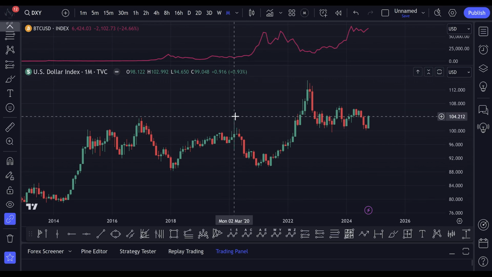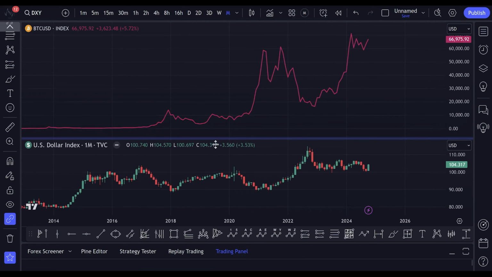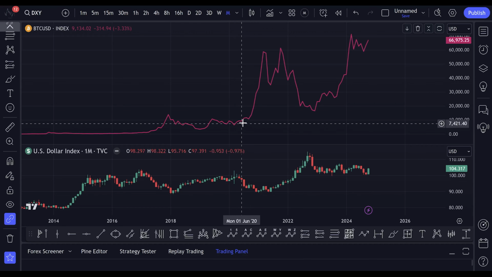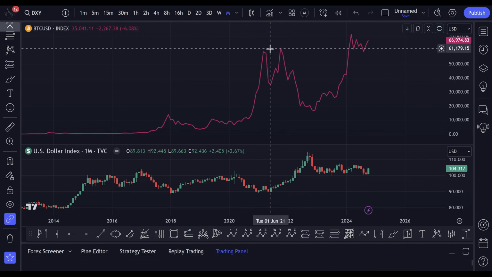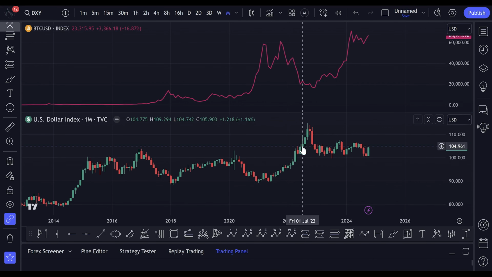Here it was the top at the DXY, which was basically the low right here, and we had the strong downtrend, which indicated that Bitcoin is in its bull market. And if you remember, here we broke above 20k, which was the old all-time high, and then we moved all the way up to 69 or 70k. So in general, we can say that it's true. We do have a negative correlation between the DXY and Bitcoin.